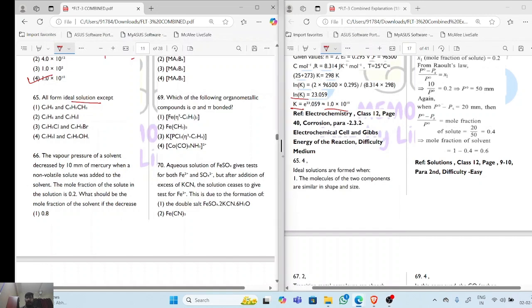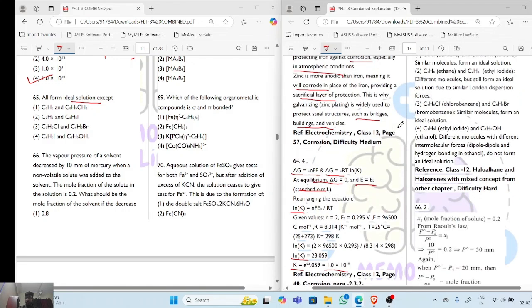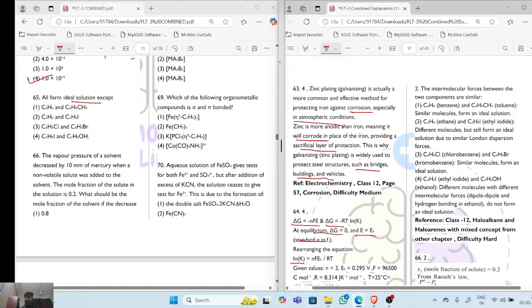Ideal solutions are formed when the molecules of the two components are similar in shape and size. The second condition is that the intermolecular forces between the two components are similar. In option number 1, benzene and toluene, similar molecules, can form an ideal solution.